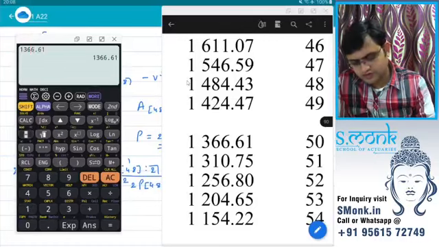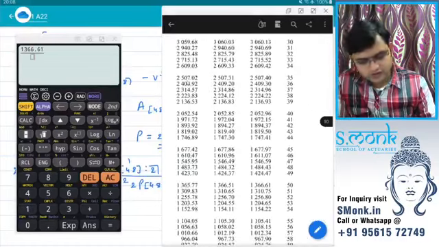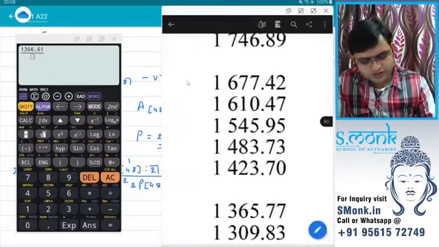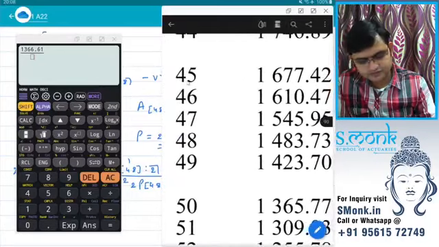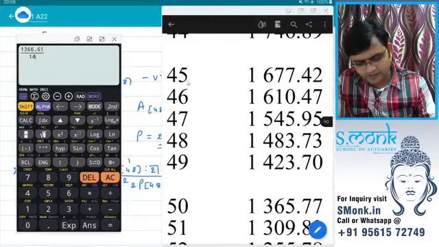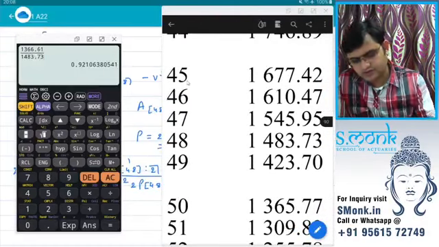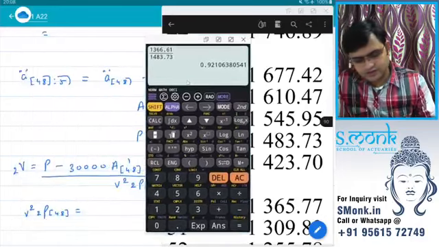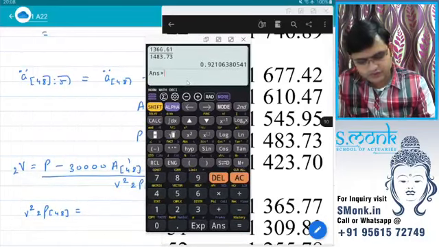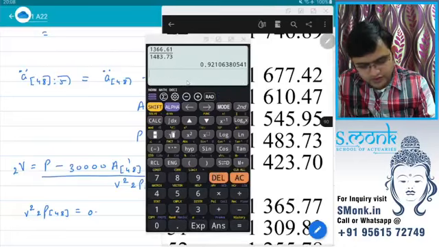So D 50 ultimate, 1366.61, divided by D 48 select, 1483.73, which gives v raised to 2, 2p select 48 equal to 0.921064.